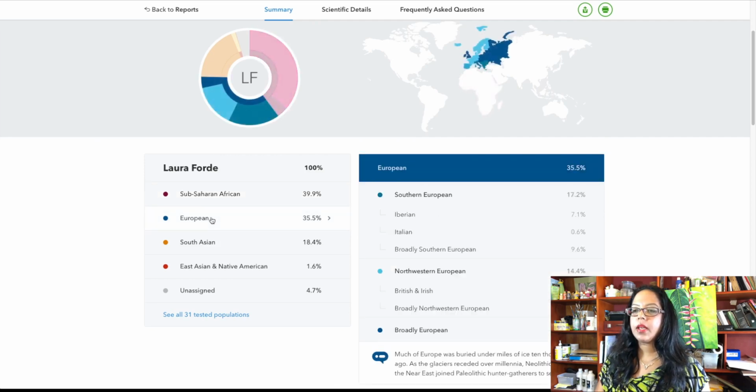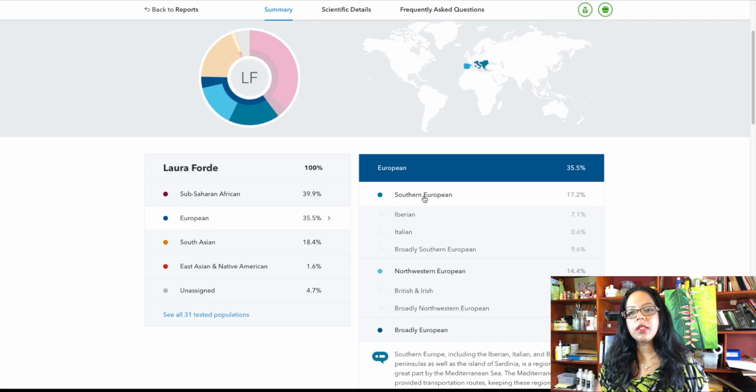And then if you click here, you can see that again, look at all the colors here, and I am 35.5% European. So I am 17.2% Southern European. So again, you can see the colors represented there.